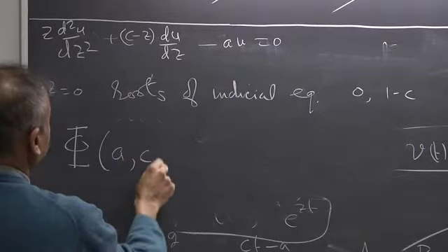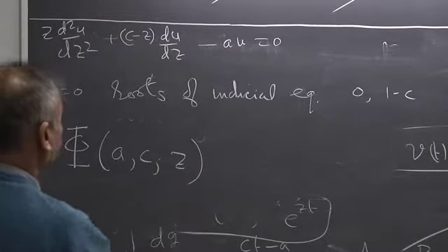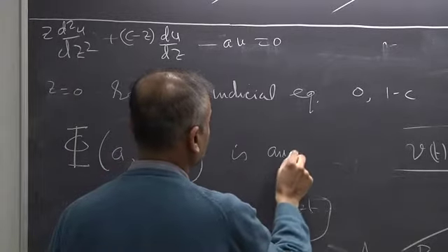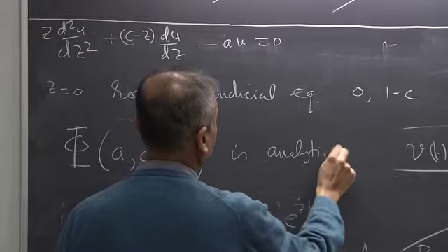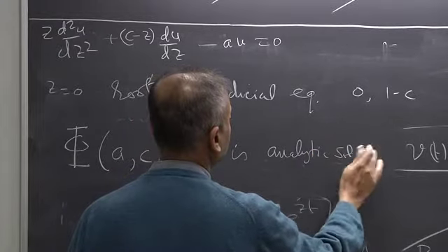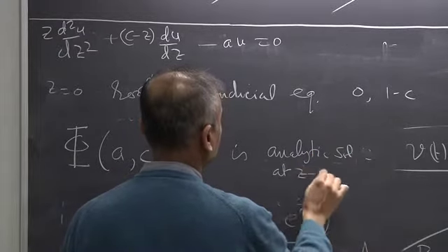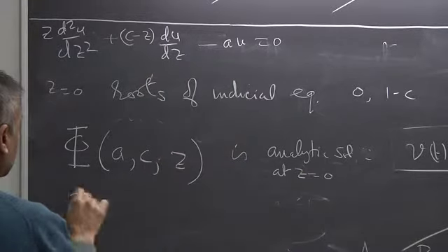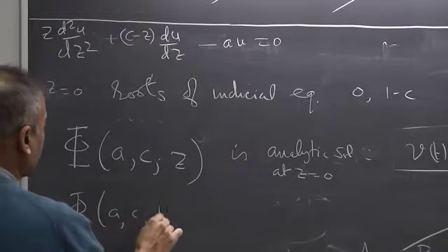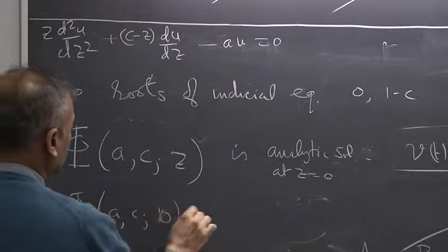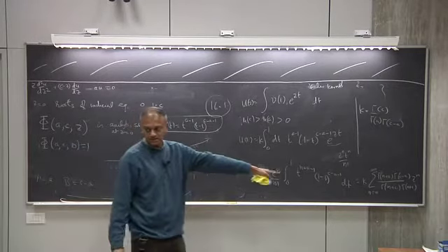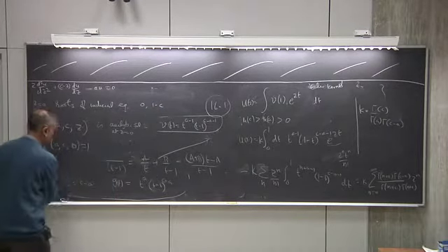So I put here a, c, z. This is the analytic solution near z equal to 0. And we again normalize it so that phi of a, c, 0 equals 1. With that normalization, we say that this is the same as that series.